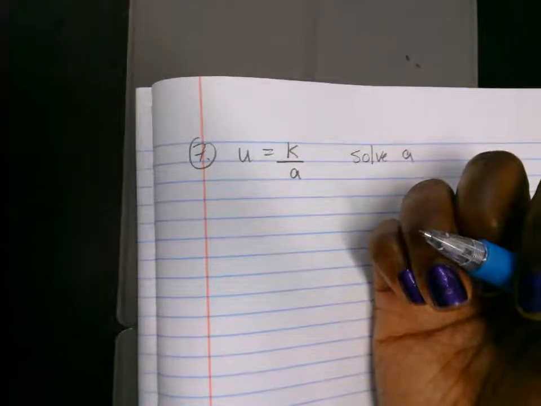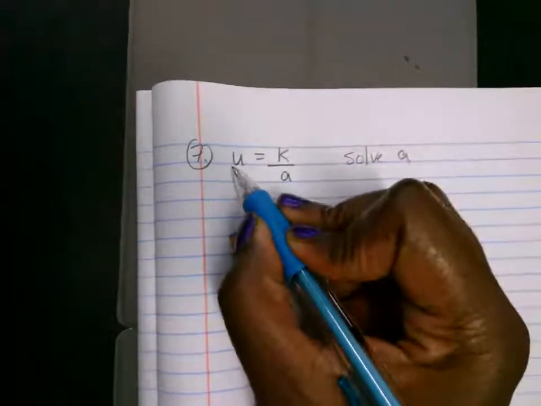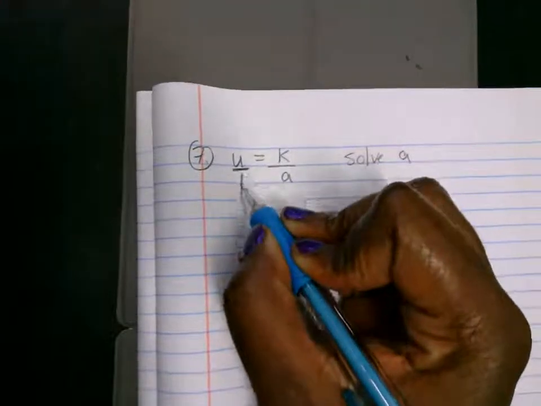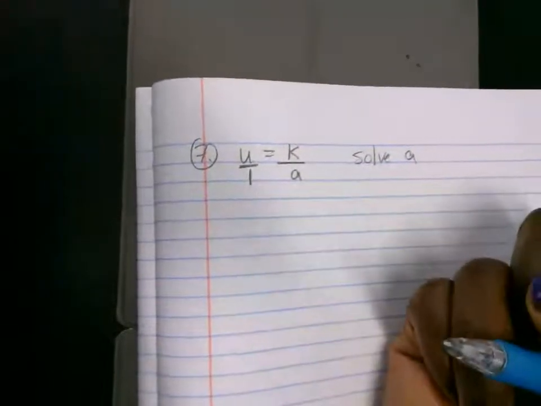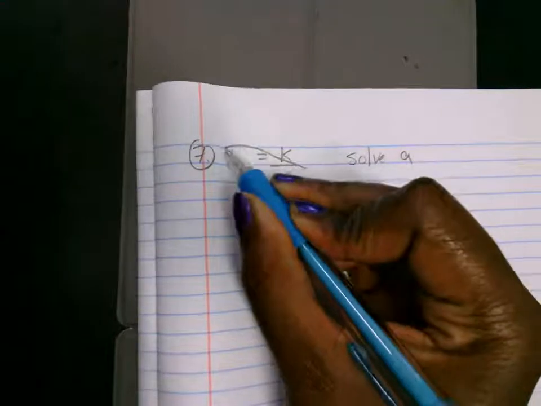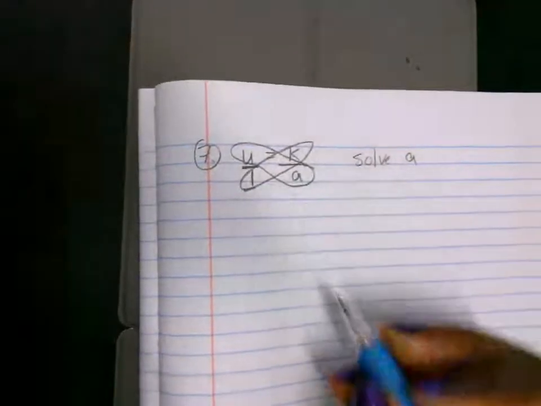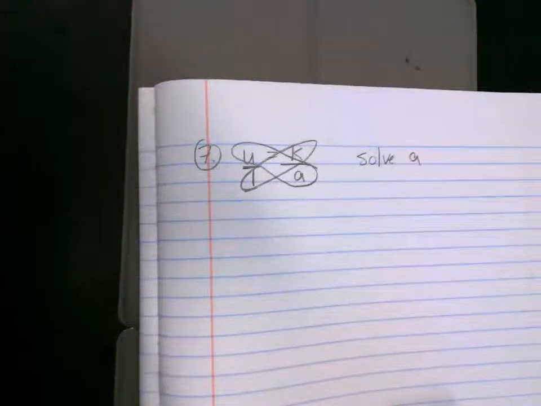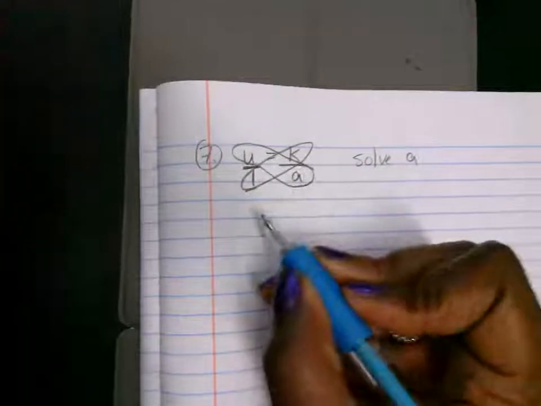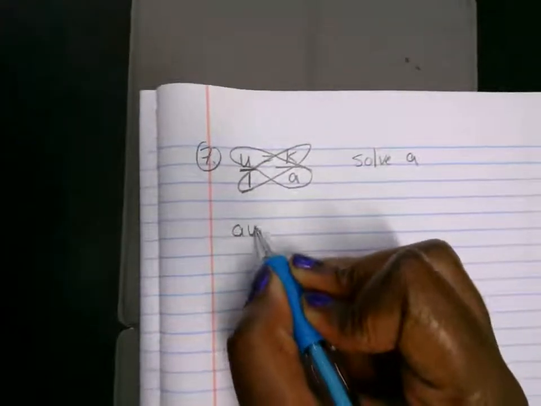Okay, you can multiply A first. I am going to write this as a fraction, and I'm going to use cross multiplication. When I multiply U times A, that gives me AU, right?